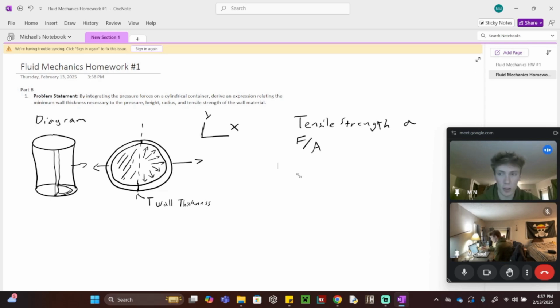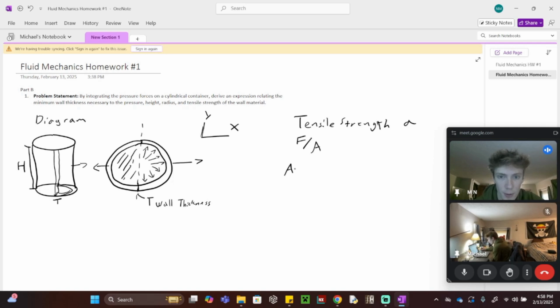So I'm going to come over to our diagram over here, and we are looking for the area that is being stressed by these forces. So I'm going to label this as our height, and we know this is our wall thickness. So the rectangular area here and also on the other side is being stressed by these forces in the x direction. So that's the area we're looking at.